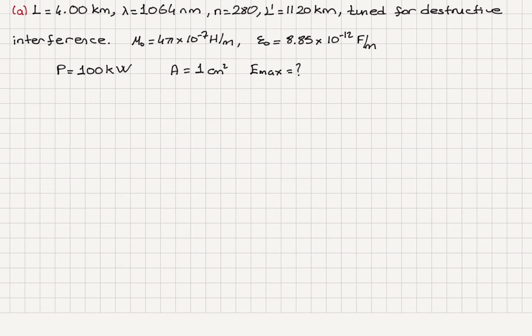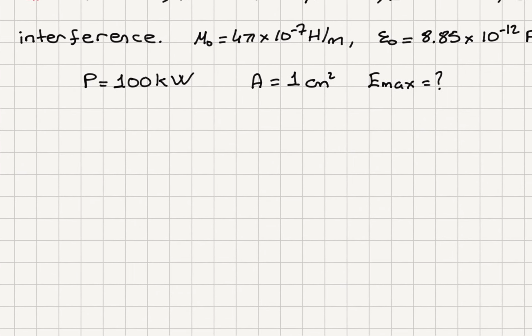Now, remember that the intensity of an electromagnetic wave, I, is equal to the power per area, which is actually the time averaged power per area, but that's implied.